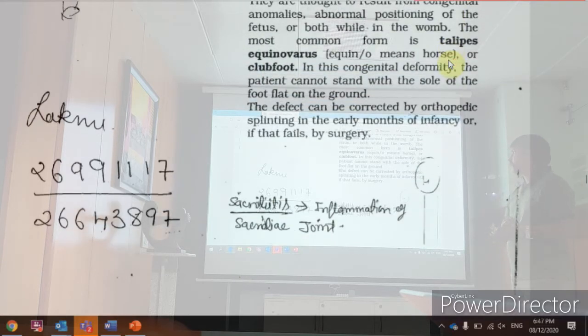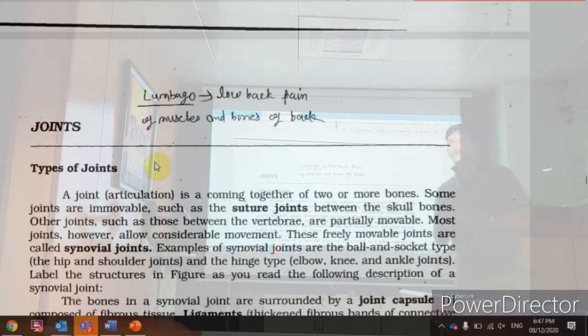Alright? I think this completes the pathology of the bones. As I told you, it is simple. You need to understand the anatomy. All the diagrams are enough in bones. That is how the bone formation happens: osteoblast, osteoclast. That you understood. Then cranial bones.